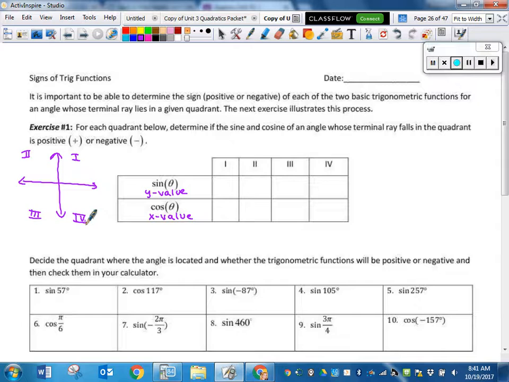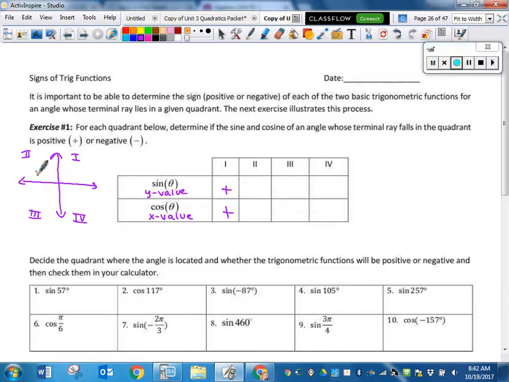All right, so we're looking for in quadrant 1, so I'm over here, if I plot a point, well, what do I know? I go to the right and I go up to get into quadrant 1. So my x values, since I'm going to the right, are always going to be positive. And my y values, since I'm going up, are always going to be positive. So sine is always going to be positive in quadrant 1, and cosine is always going to be positive in quadrant 1.